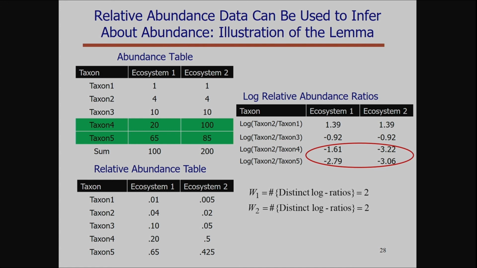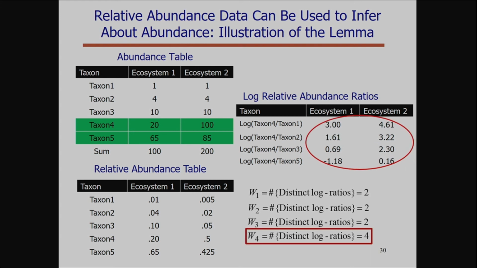Same thing happens with taxon 2. The log ratios are only differing in the last 2 groups, but they're not differing in the other groups. In other words, I cannot conclude that taxon 2 is different between the 2 groups. Taxon 3, again the same thing. Only 2 of those log ratios are different, not everything is different. But if I go to taxon 4, all the log ratios are different.